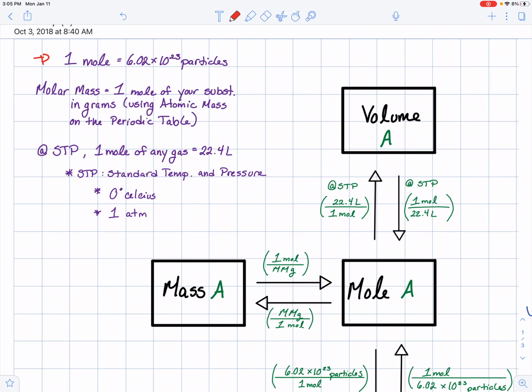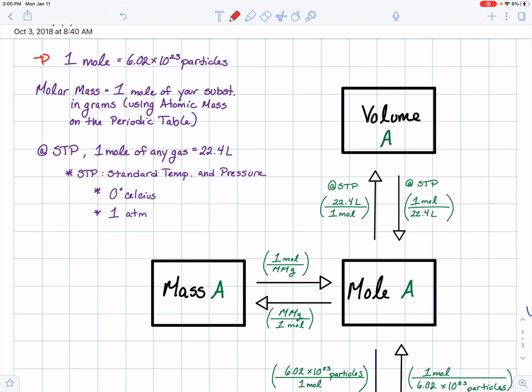So if I had a mole of donuts, that would just mean that I have 6.02 times 10 to the 23 donuts. So it's that many of whatever item it is that I am talking about. Now, the reason that we do moles in chemistry is because atoms are so teeny, teeny, tiny that it takes a whole lot of them to make up any sort of amount of measurable substance.